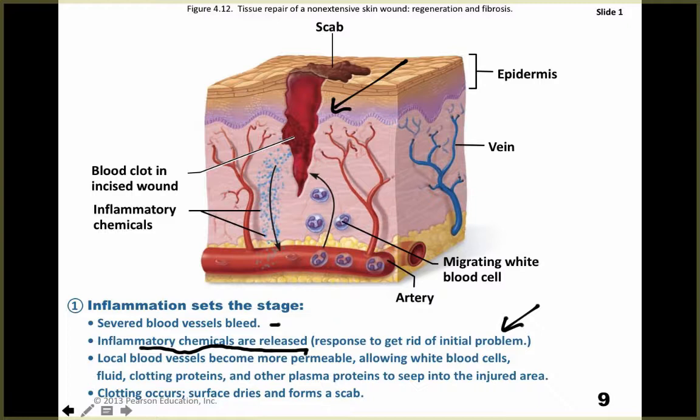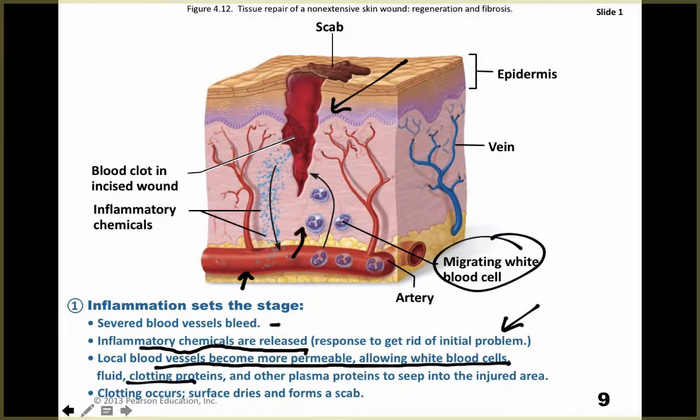Essentially, this artery is going to dilate, so it gets bigger so that more blood can get there, and then it becomes more permeable, which is going to allow things like white blood cells to leave the arteries and get to that damaged site faster, right?